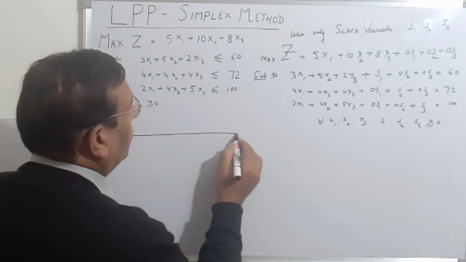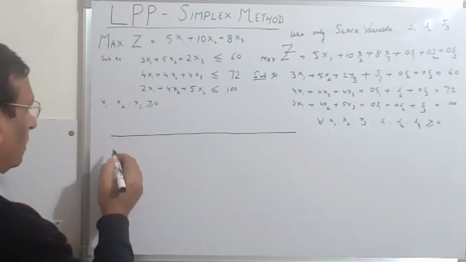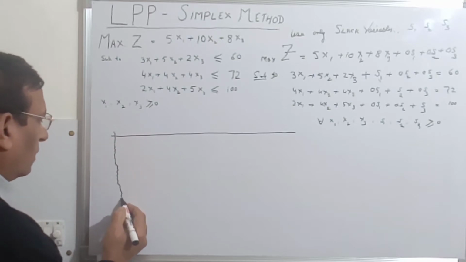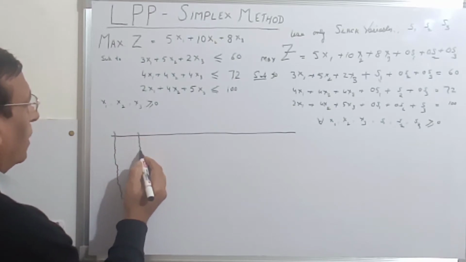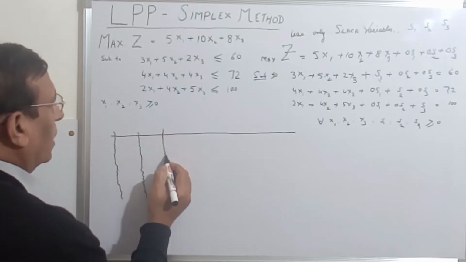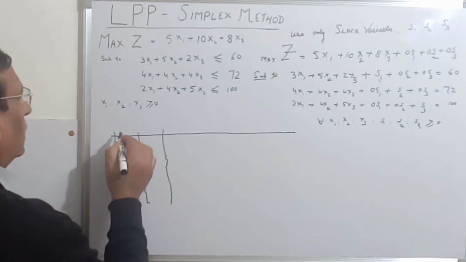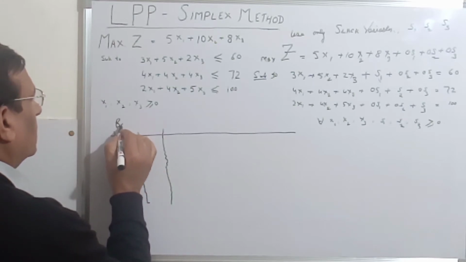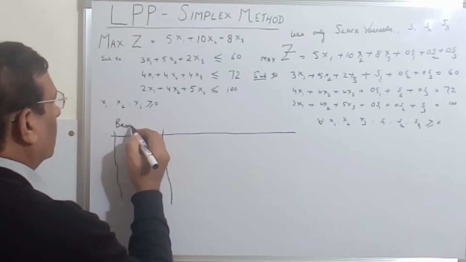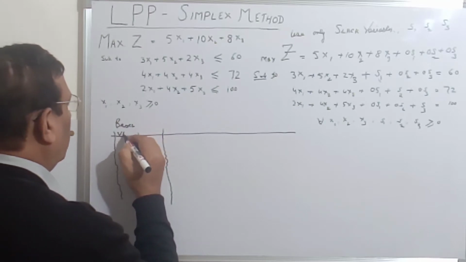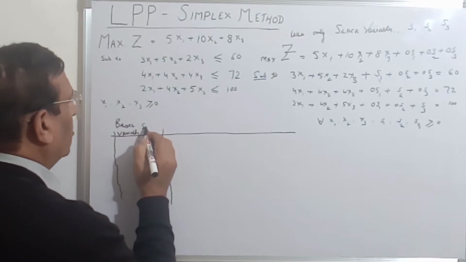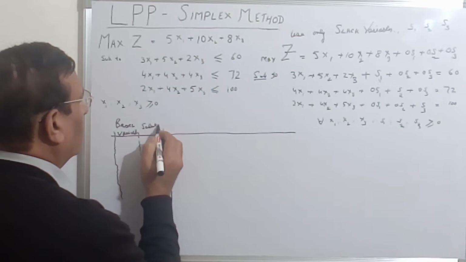How to formulate the table? First is the basic variable, and second will be the solution variable.